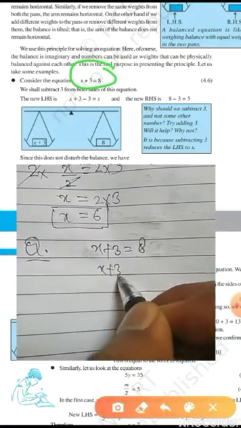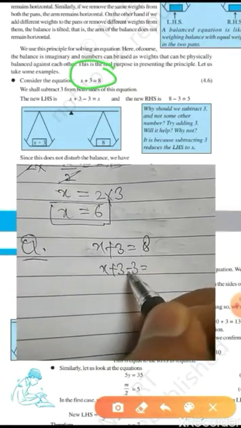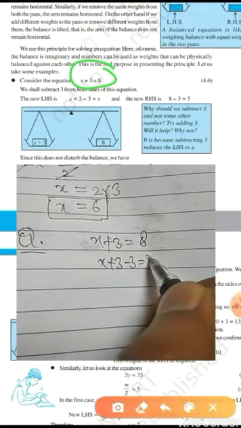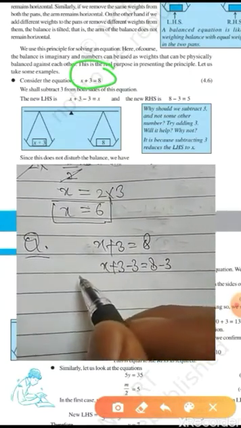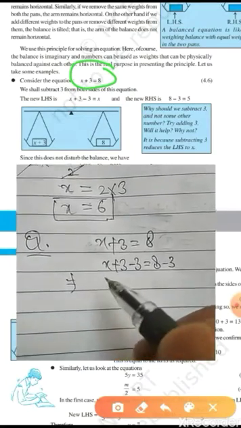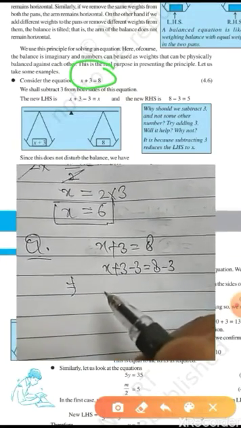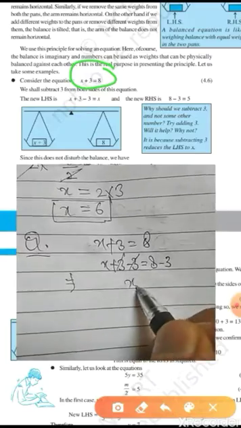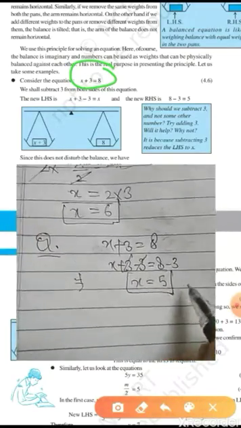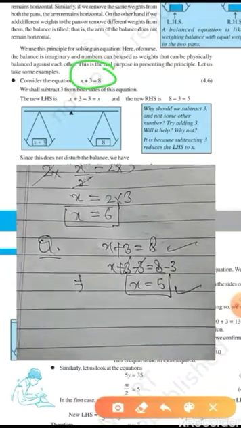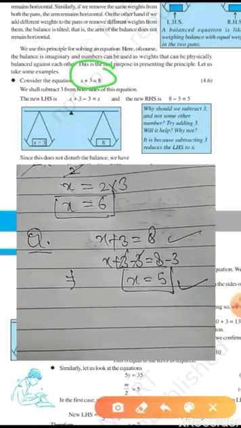So x plus 3 minus 3, हमने इस साइड भी 3 सब्ट्रैक्ट किया तो इस साइड भी 3 सब्ट्रैक्ट करना पड़ेगा. ओके, टू कीपिंग द वैल्यू ऑफ इक्वेशन सेम, x is equal to what? 5. So x is equal to 5 is the solution of this equation.